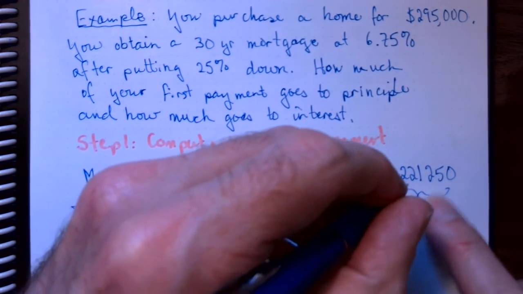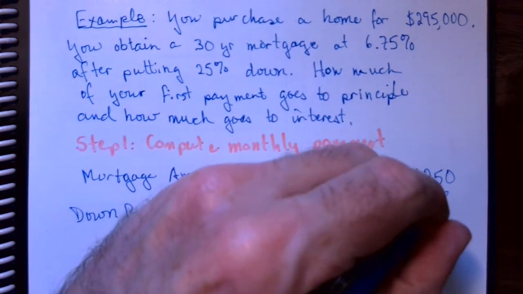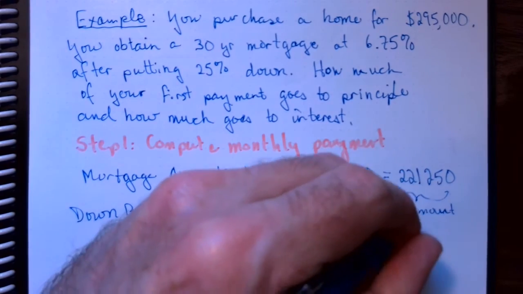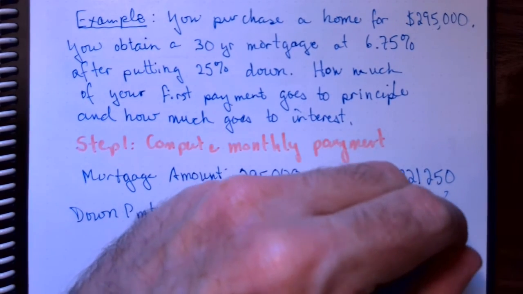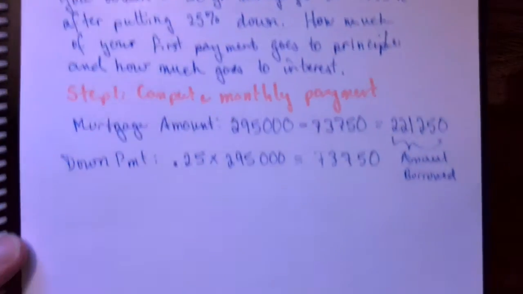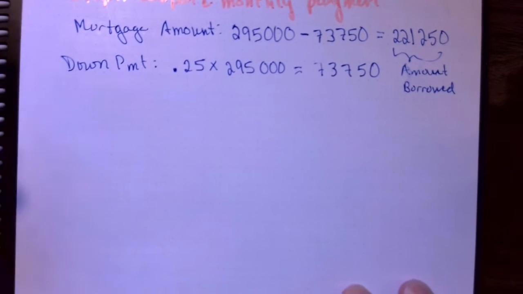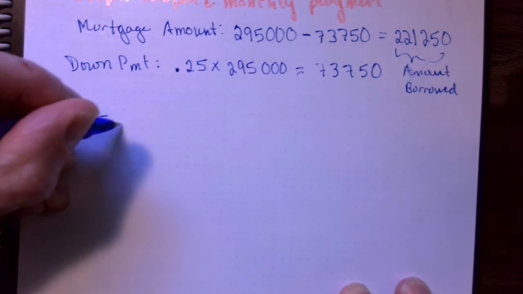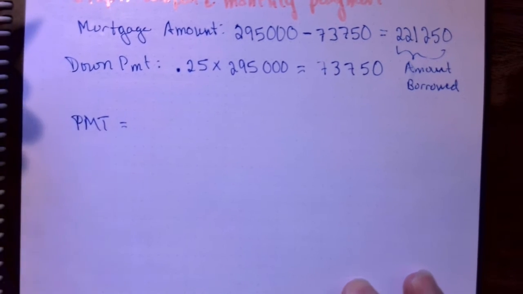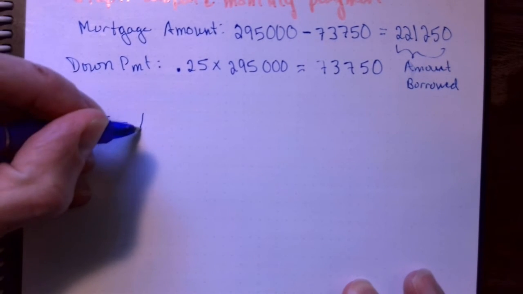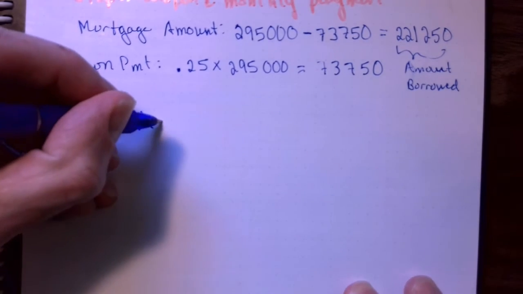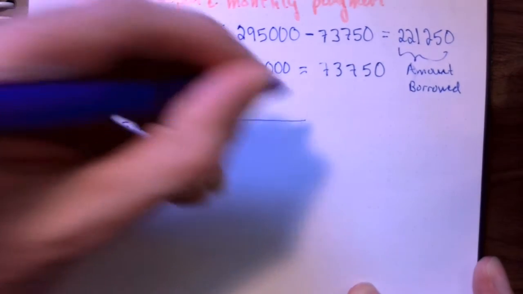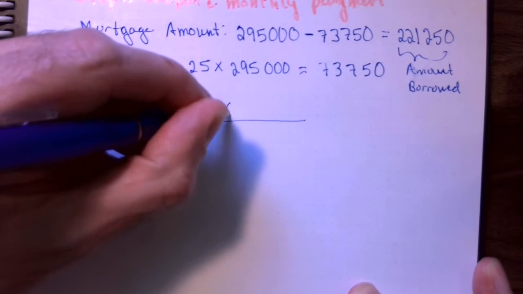Let's go actually write it out there. Amount borrowed. Okay, so now we're going to need to calculate the monthly payment. And we're going to use the same formula that we discussed in APR loans and that we used in our last video concerning monthly payments for mortgages.